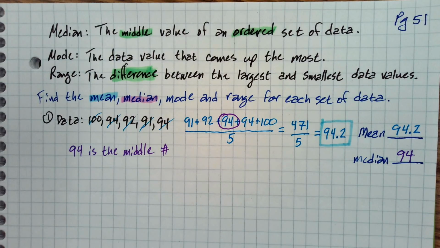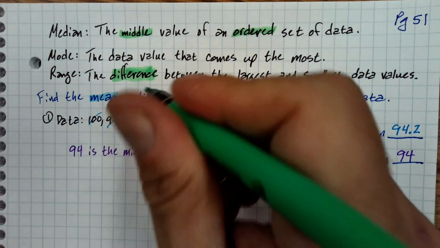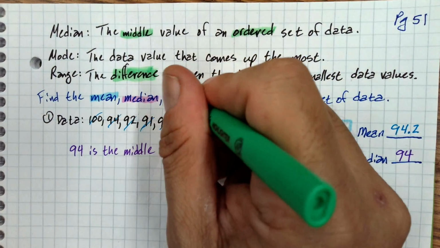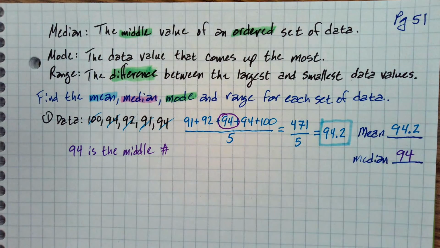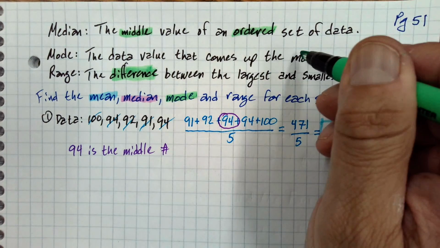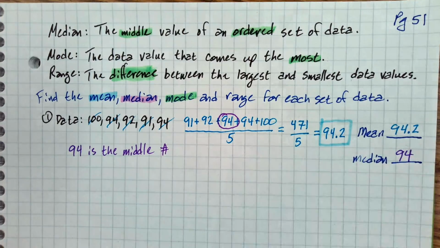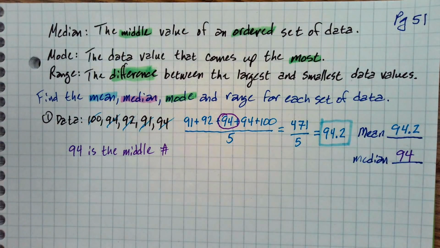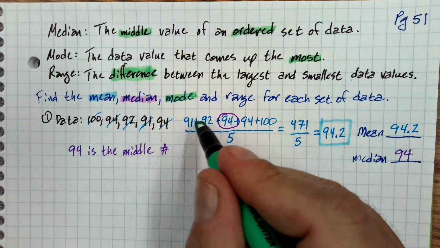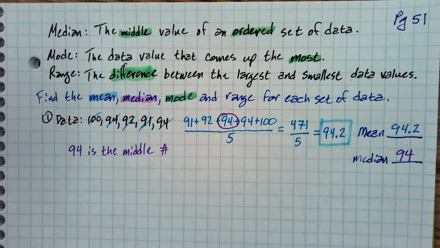Okay. Well, what's even easier is finding the next thing that we have to find. And the next thing that we have to find is the mode. What's the definition for the mode? Okay. So which number came up the most?